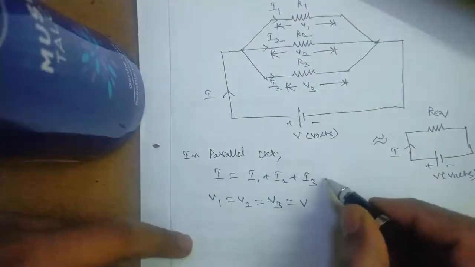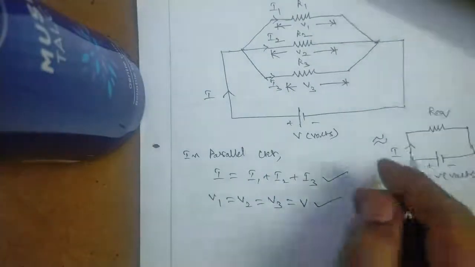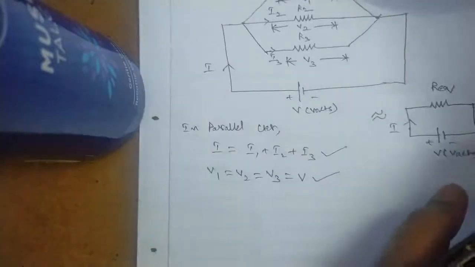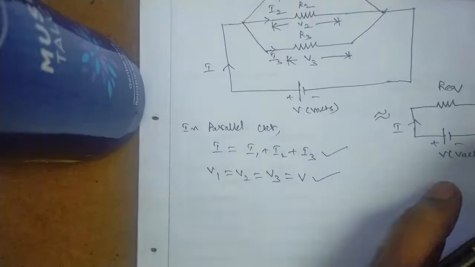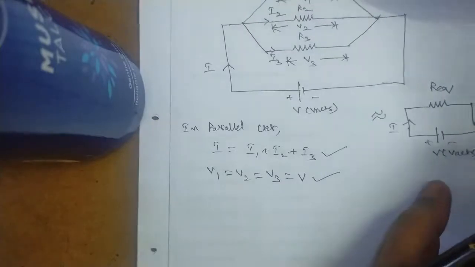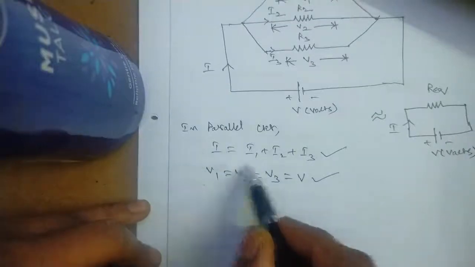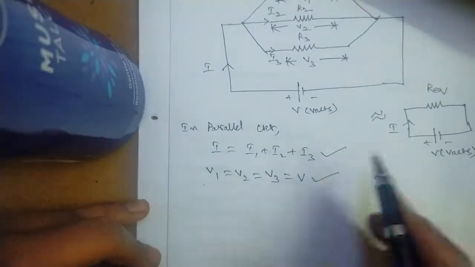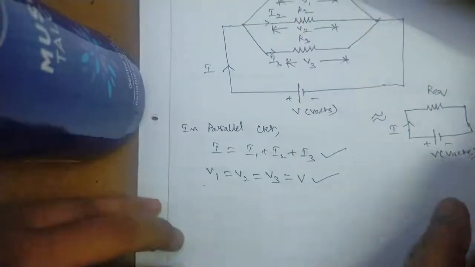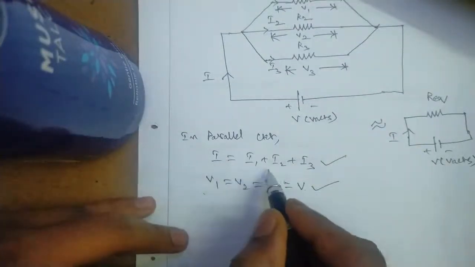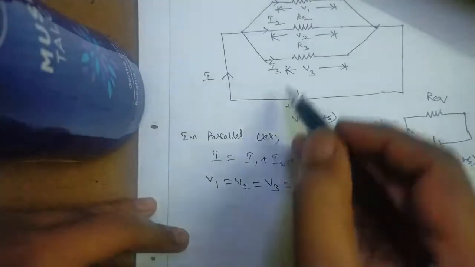In a parallel circuit, current divides, voltage is the same. Earlier we observed that in a series circuit current is the same and voltage divides, but in a parallel circuit current divides and voltage is the same. Let it be V, the supply voltage, and the total current is the sum of the individual currents passing through the elements.